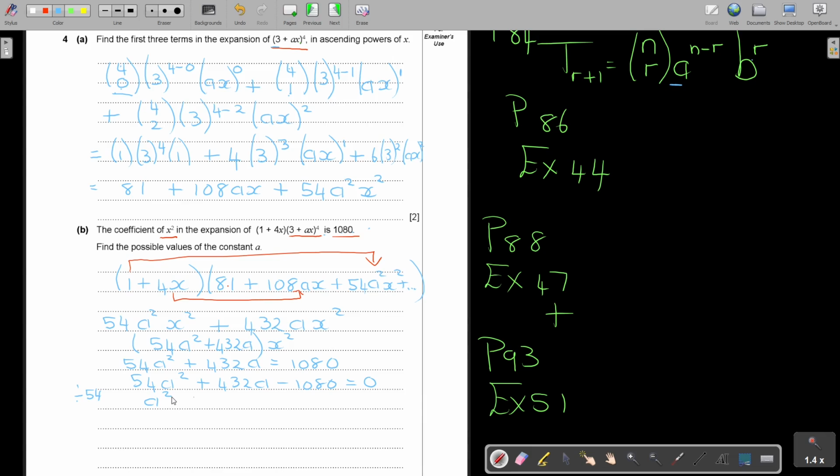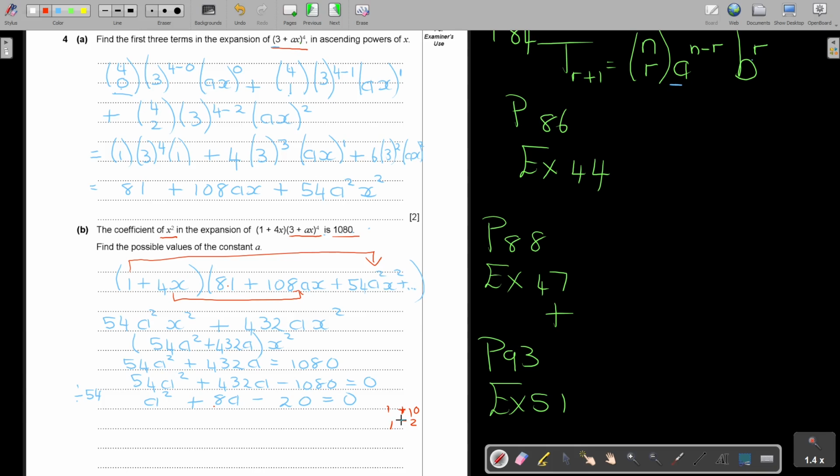So it's a squared plus 8a minus 20 equals 0. Just simplify it, because then you will see if it's able to factorize. And now I look at it, oh, excellent, it can factorize. So I can say it can be 10 times 2, because it's group B. 10 minus 2 will give me that 8. The biggest one gets a positive, and this one will get a negative.